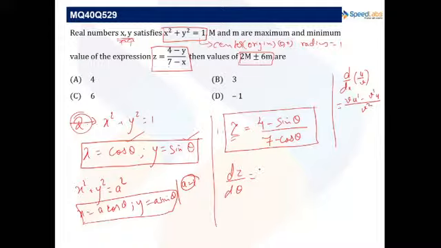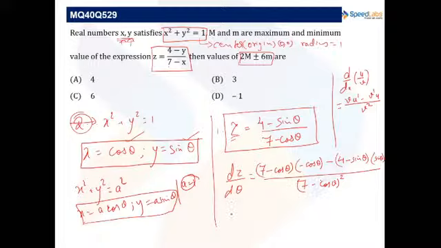So that will be 7 minus cos theta into the differentiation of 4 minus sin theta. 4 is constant, so its differentiation will be 0. Sin theta will give cos theta, minus 4 minus sin theta as it is, and for 7 it will be 0. For minus cos theta, it will be sin theta, whole upon 7 minus cos theta whole square.